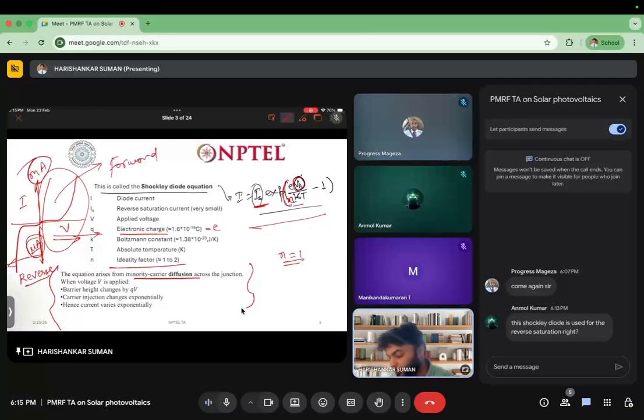Why microamp and milliamp? Can anyone have any idea about this? In reverse, only microampere current will flow across the junction, while in forward configuration, milliampere current will flow, as a huge order. Why is this?